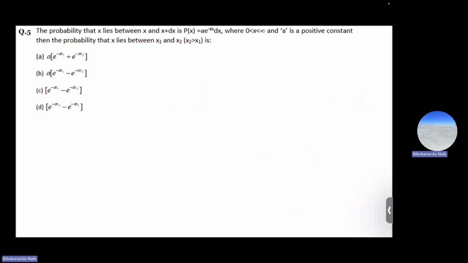It is related to the concept of quantum mechanics, and we need to find out the probability between x1 and x2.